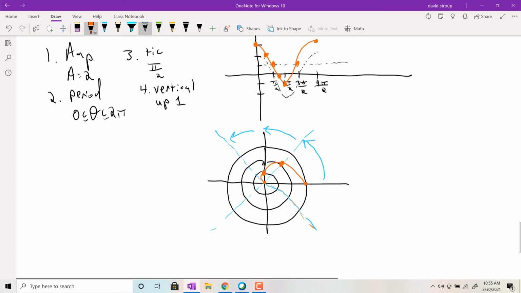And then from 3 pi over 4 to pi, it's going to -1. So that'll be a little bit weird. It's kind of going on the negative side and then out to -1, kind of like this.